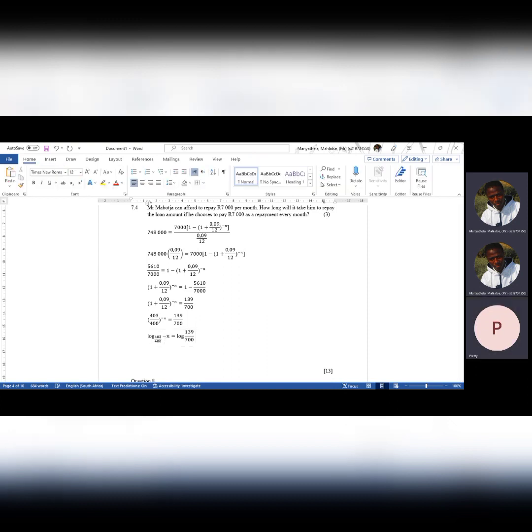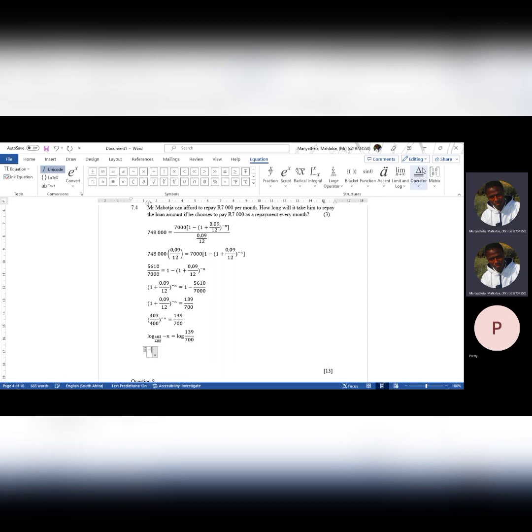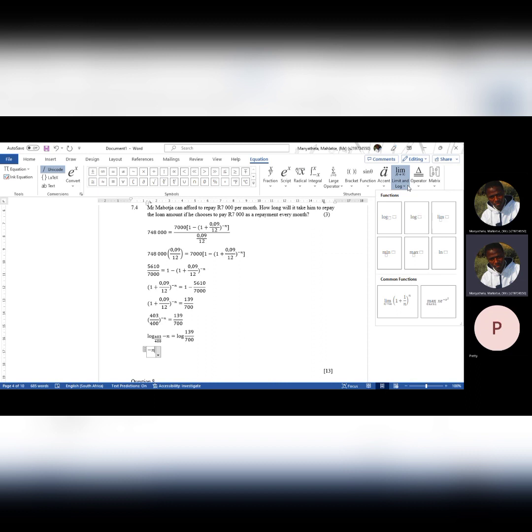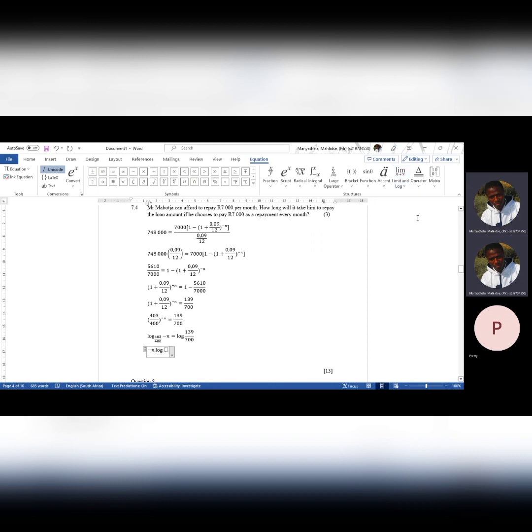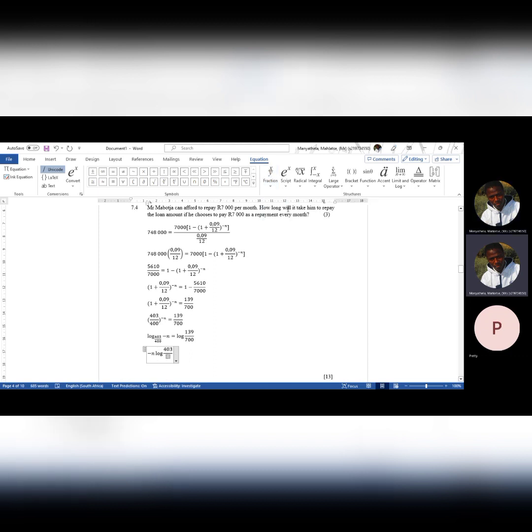On the next step, we'll have negative n log 403 over 400 equal to log 139 over 700.